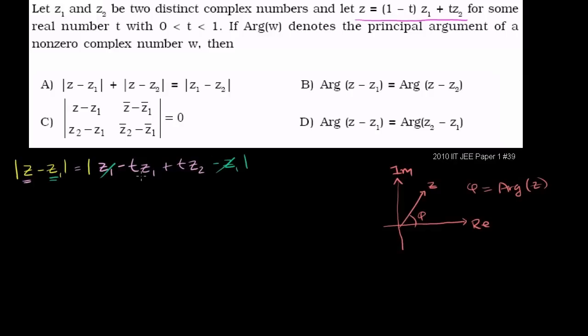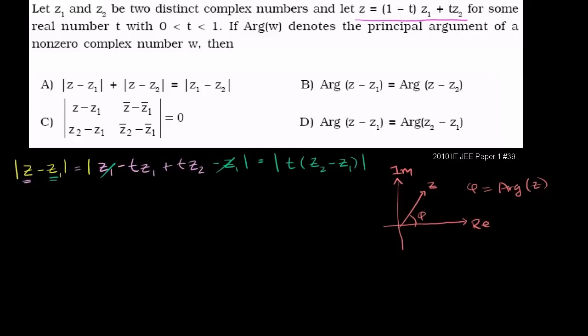And we can factor out a t over here. So this is going to be equal to the magnitude of t times (z2 minus z1). So that is the magnitude of z minus z1, this first term over here.